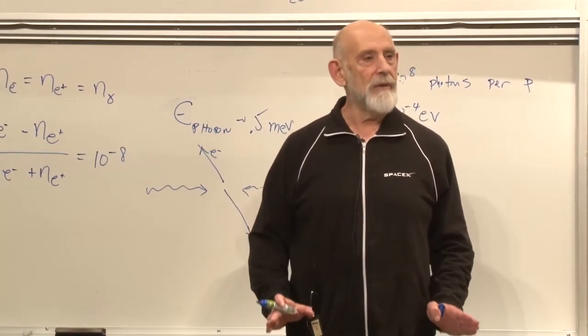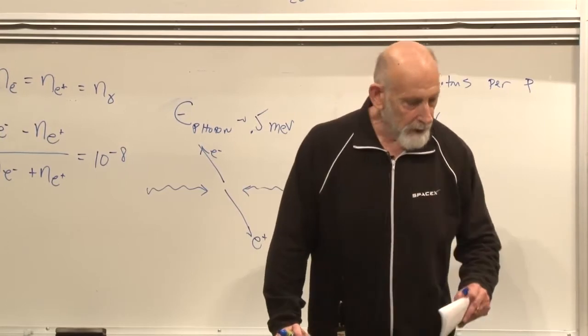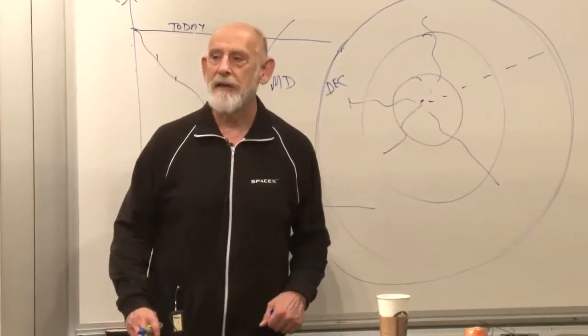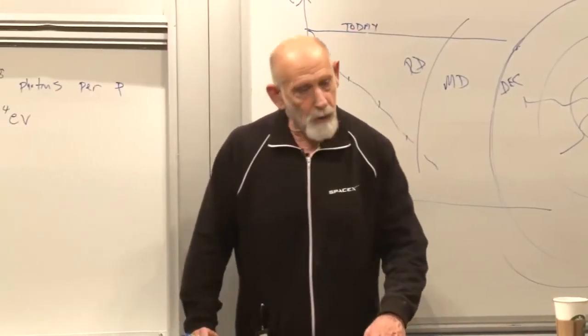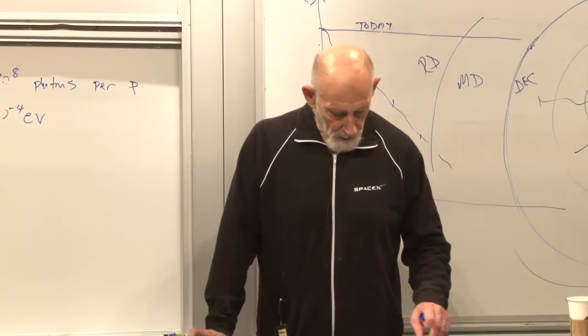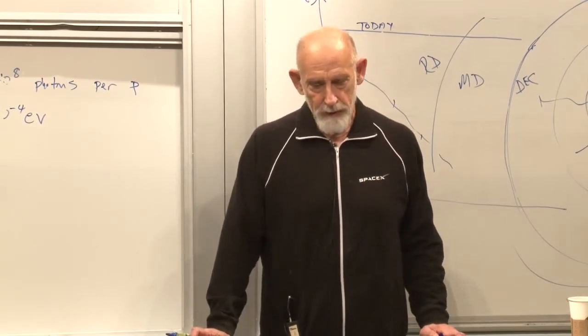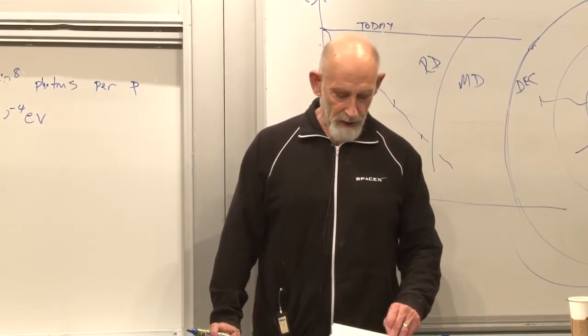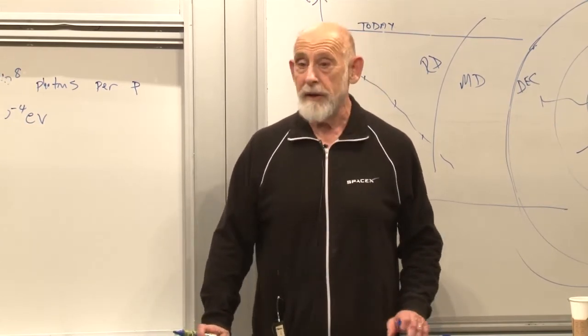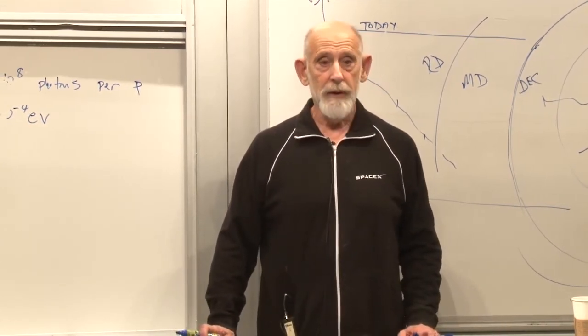Now that's an extremely odd fact, and it turns upside down the old question of why there are so many photons. The question is not why there are so many photons, but why there are so few.